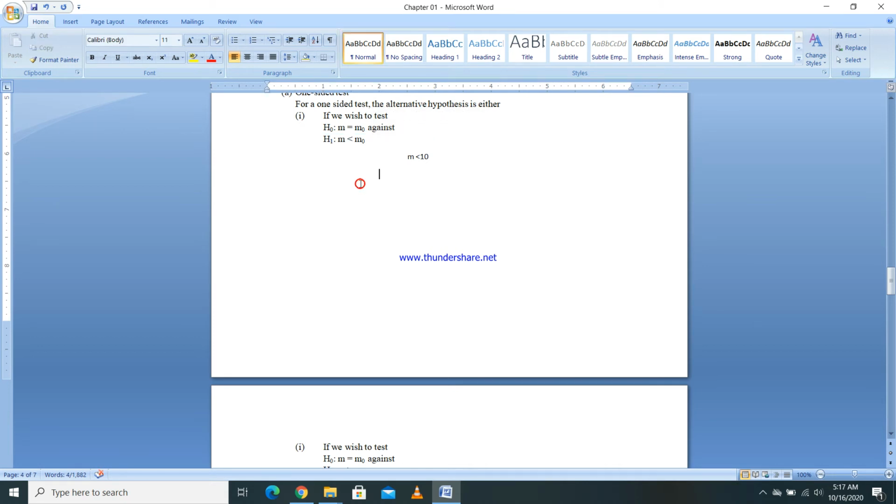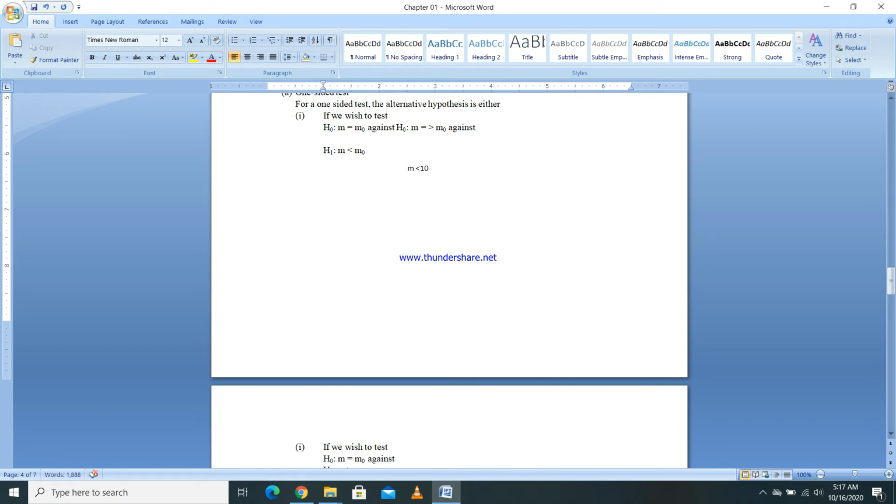So in that case, your null hypothesis, you can set it as m equal to m naught, or else if you would like to use the inequalities, you can use H naught as m greater than or equal to m naught.